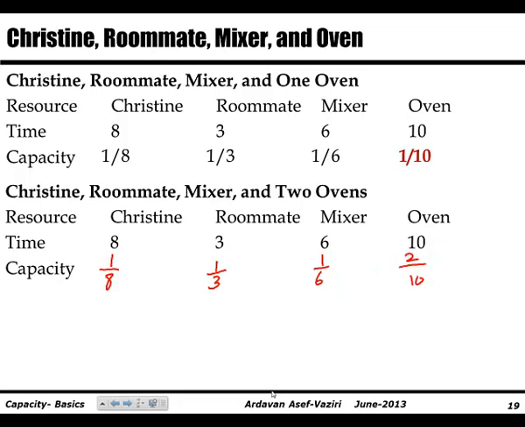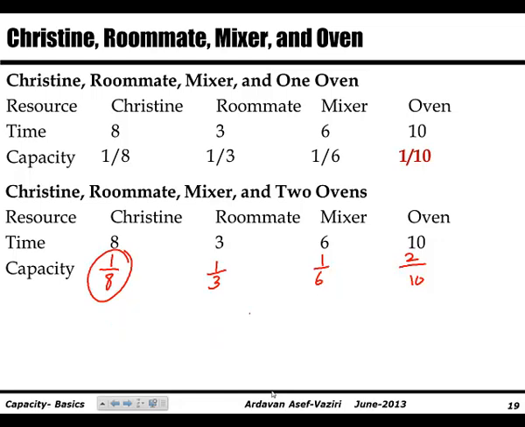Out of these 4 numbers, 1 over 8 is the smallest. Therefore, the capacity of the process is 1 over 8 per minute. If I multiply it by 60, I get 7.5 per hour.